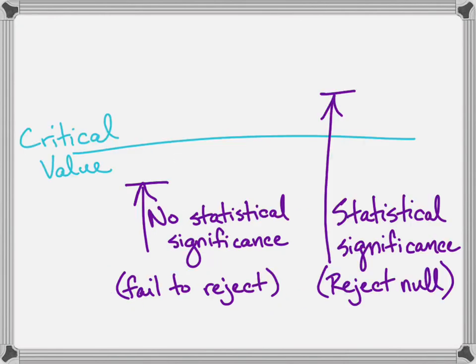The critical value is like a threshold value. If your test statistic is greater than that critical value, then your p-value will be less than your alpha. You have found statistical significance and you reject your null. If your test value is below the critical value, you failed to cross that threshold and you fail to reject the null. So for me, it's a little easier to visualize this way.